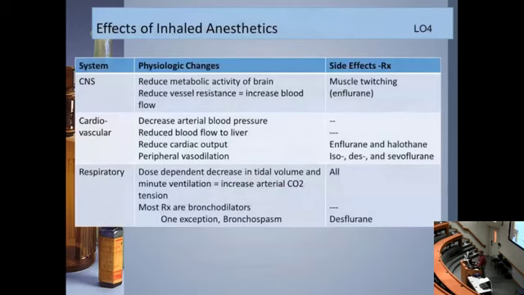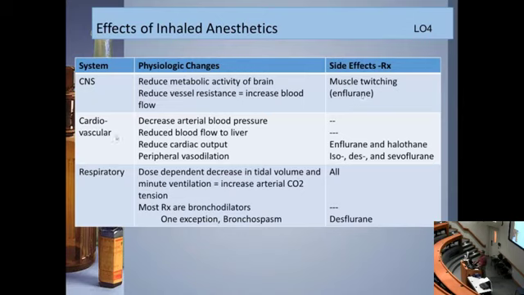Okay. So what are some of the effects of these inhaled anesthetics? Well, from the CNS perspective, we'll see a reduction in metabolic activity of the brain. We'll see a reduction in vessel resistance, and all that will increase blood flow. So the side effect you'll see, especially with something like enflurane, would be muscle twitching or fasciculations. Okay.